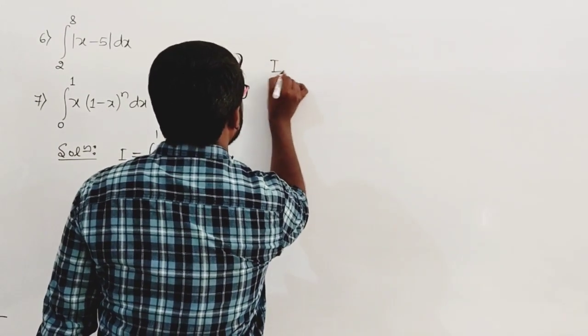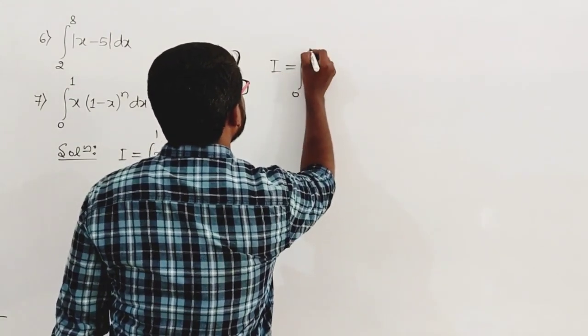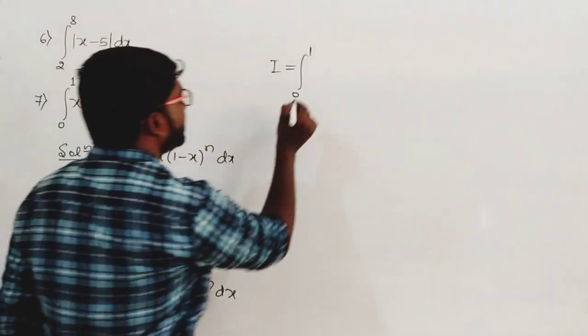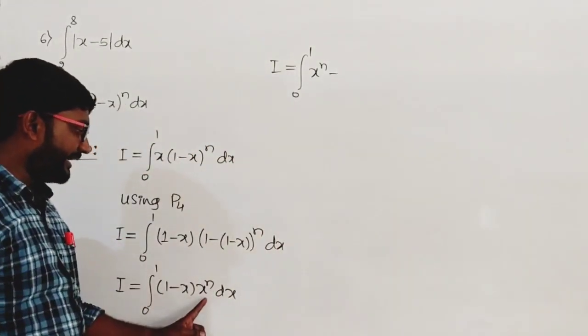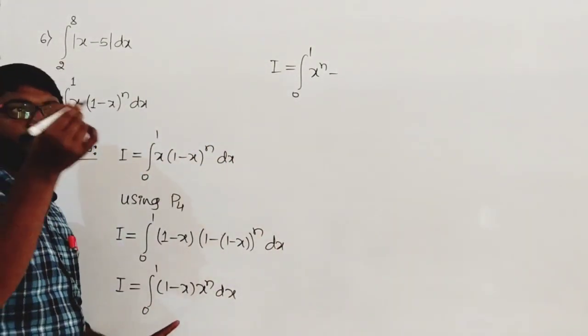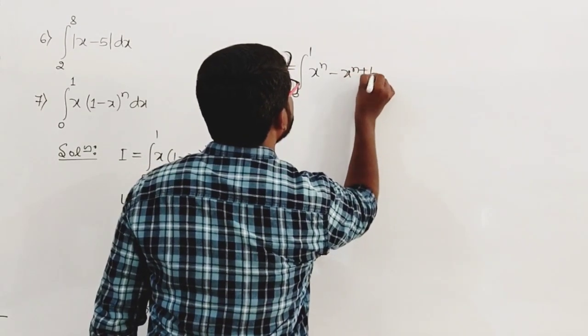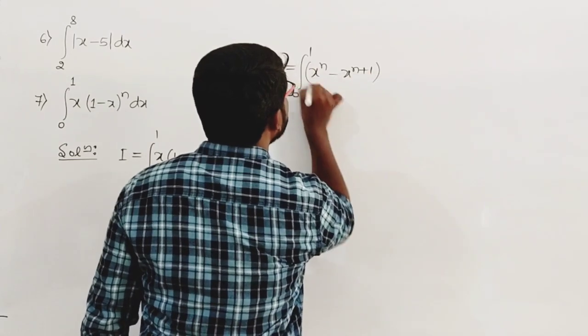I is equal to the integral 0 to 1. Now x to the power n into 1 is x to the power n, minus x to the power n into x will be x to the power n plus 1, it is x to the power n plus 1 dx.